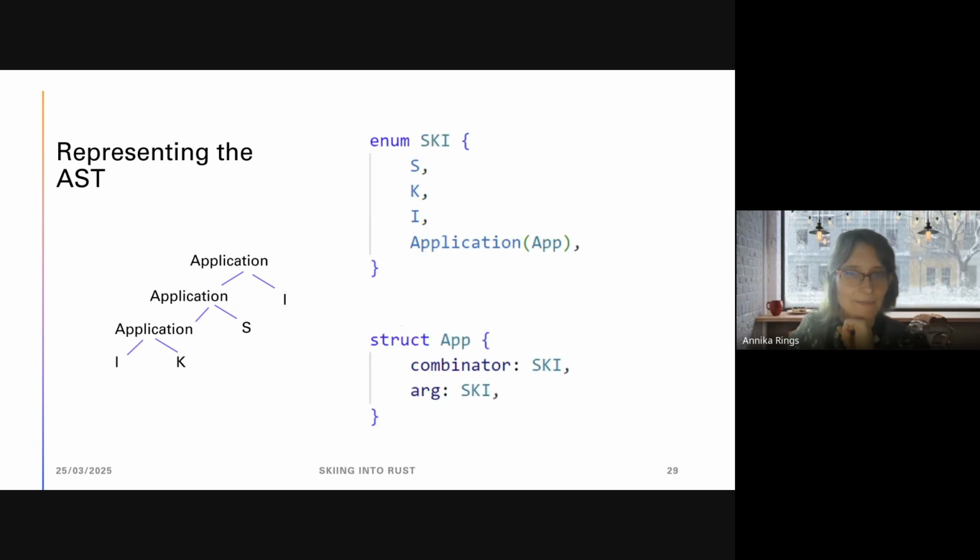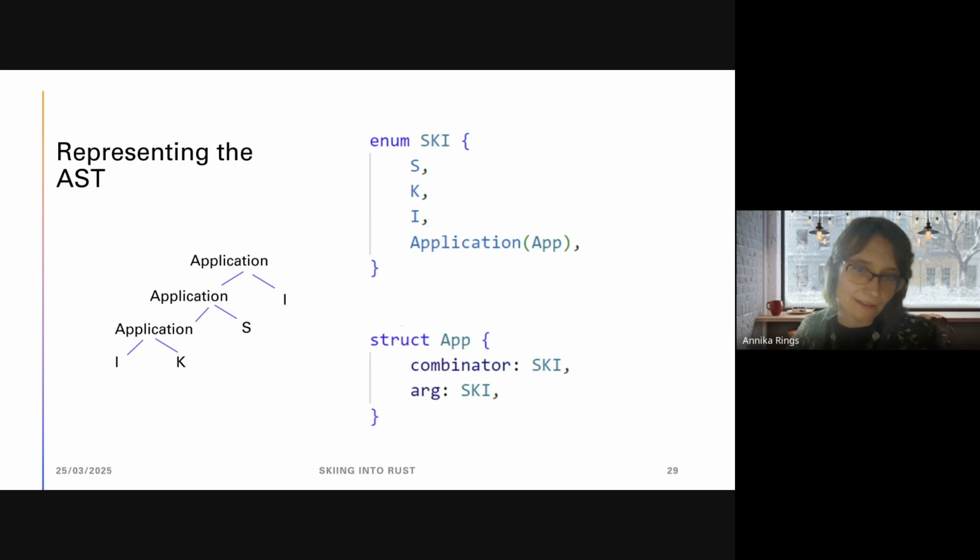First attempt, let's use an enum. So again, we have here the possibility of saying this is either S or K or I or an application. I've factored this out into a struct, which has the combinator that you want to apply as one field, and another field, the argument that we want to apply it to.